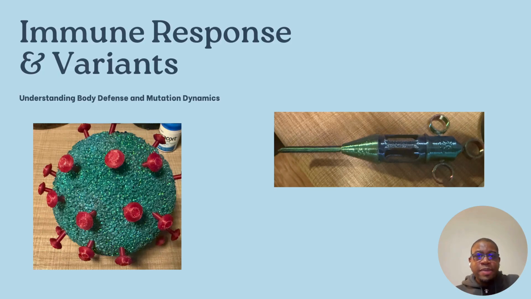Variants show up when the virus makes small mistakes, so mutations, while it's copying its RNA. Most mutations don't matter, but some change the shape of the spike protein just enough that it affects how the antibodies recognize it. That's why we had variants like Delta or Omicron, that spread more easily and escaped partial immunity.